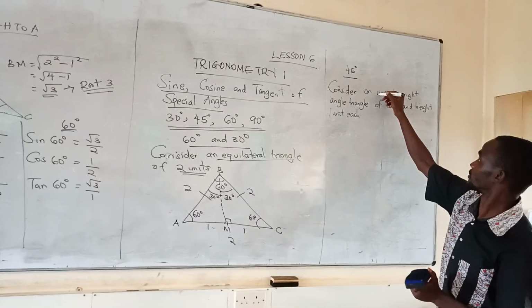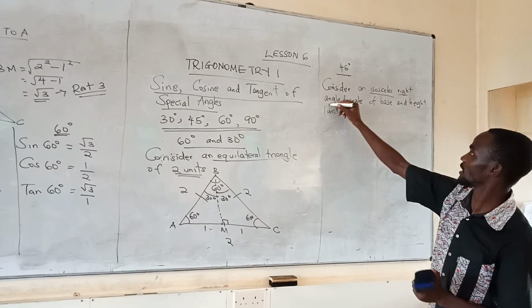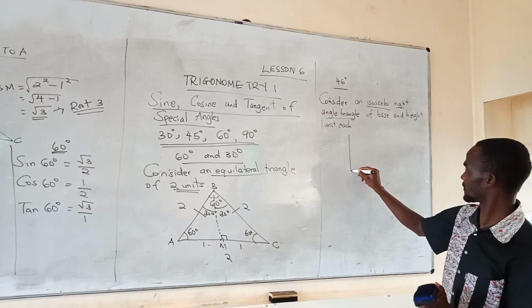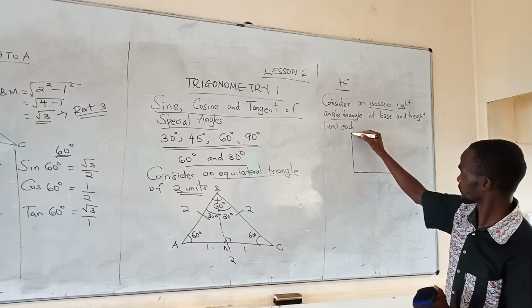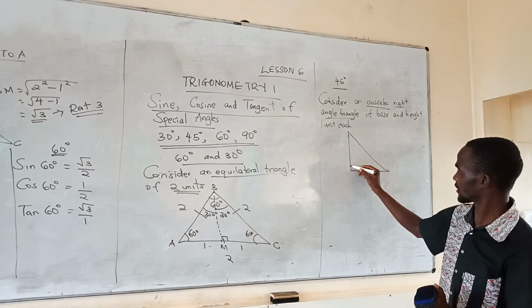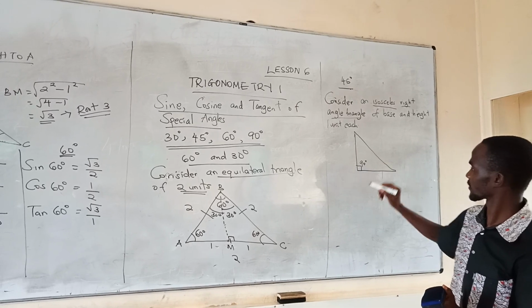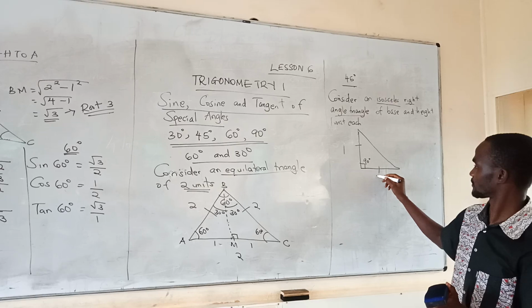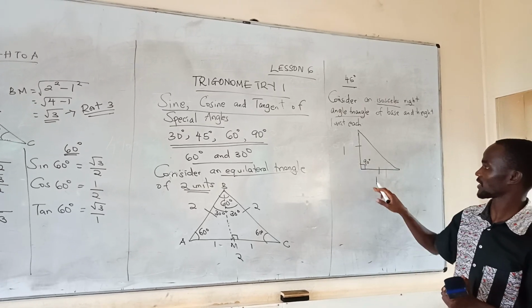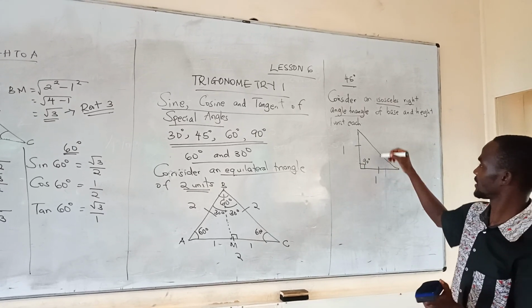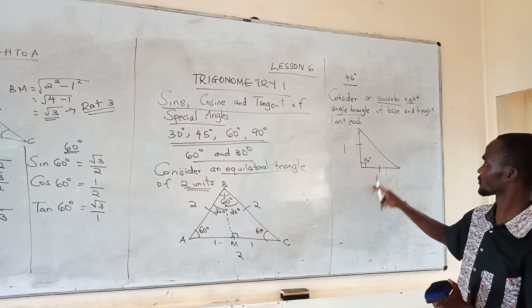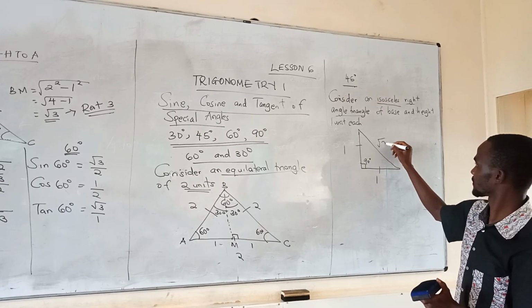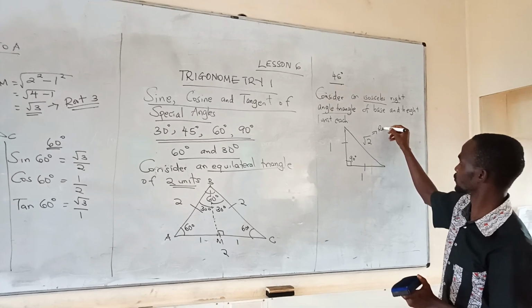So we have a right angle triangle with 90 degrees here. By Pythagoras theorem, this is the square root of 1 squared plus 1 squared, so you get root 2.